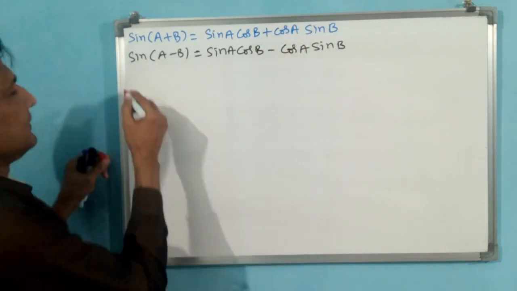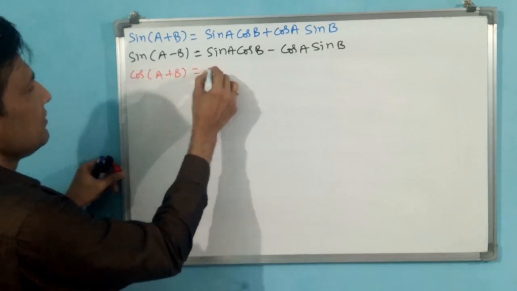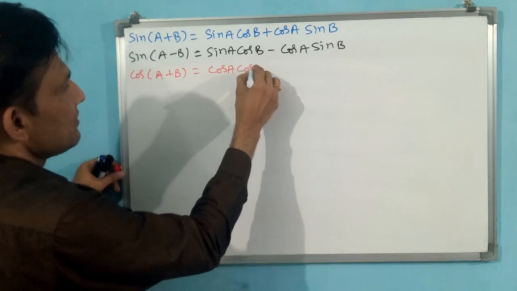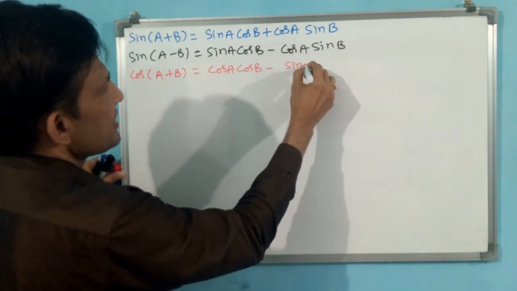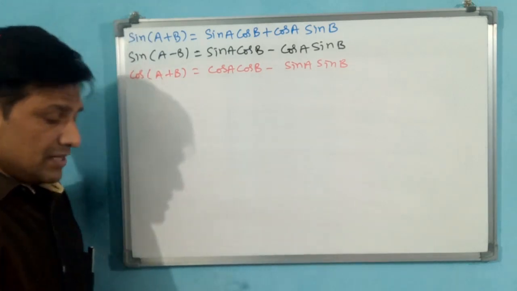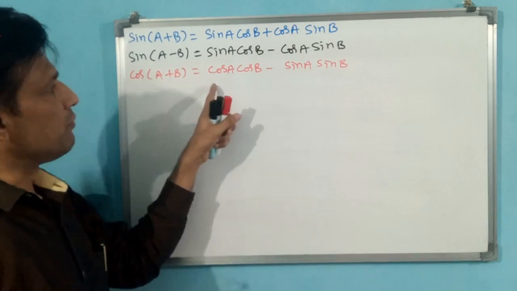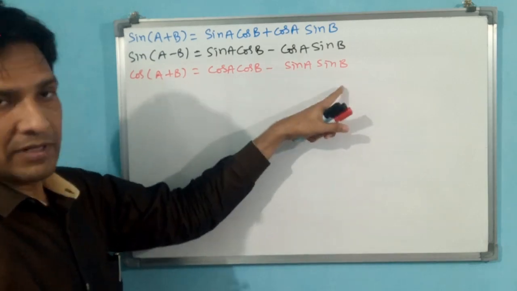We will go for cos. Cos of a plus b is equal to cos a cos b minus sin a sin b. See what change has come: if cos comes, both cos will come, then both sin will come.